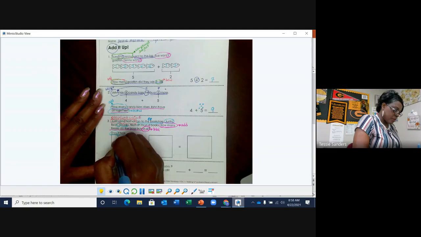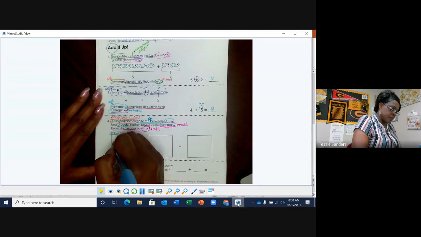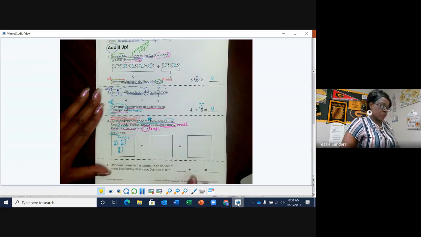Books. Now I'll make mine look like books. So he buys 3 books. Okay. I'm not the best drawer, but you can see that these are 3 books.